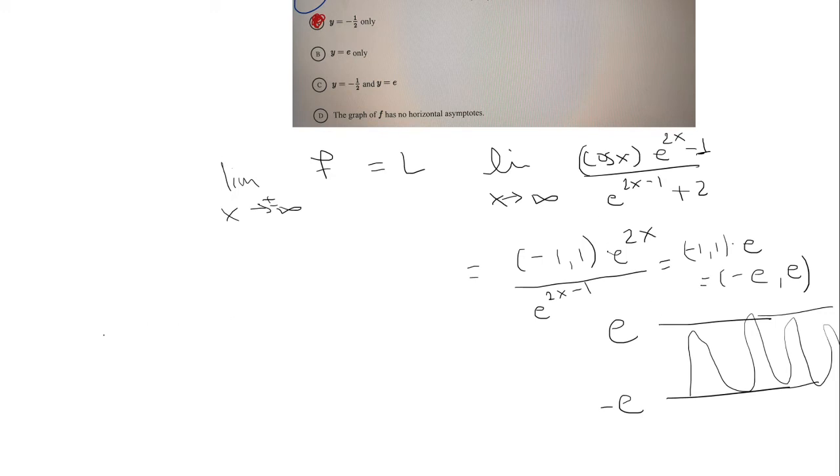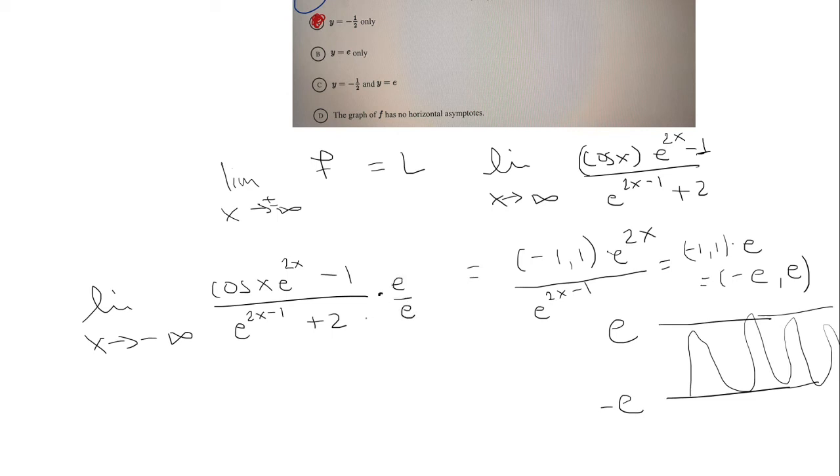Okay. And that leads us to only checking x approaching -infinity. Okay, so this one is definitely tricky. So what we're going to do is multiply top and bottom by e. So you may be asking why.